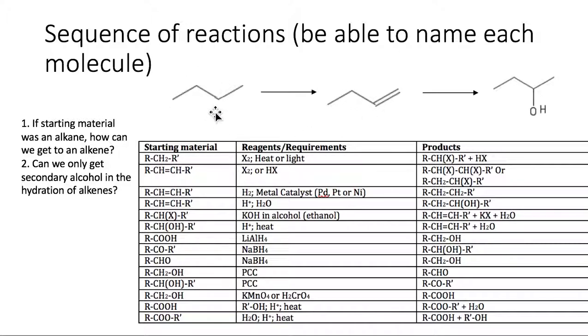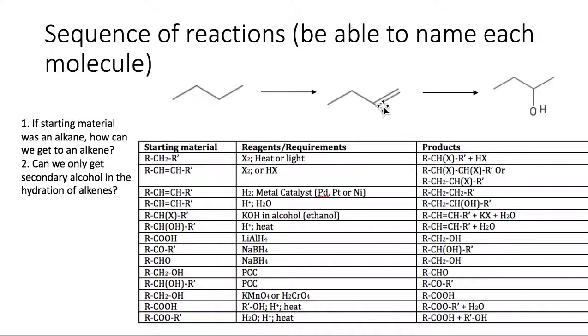So again, what were the steps to go from an alkane to an alkene? You first had to do a halogenation of alkanes with heat and light and the halogen. You get your alkyl halide, and then you go through dehydrohalogenation with potassium hydroxide and alcohol, and then you get your alkene.